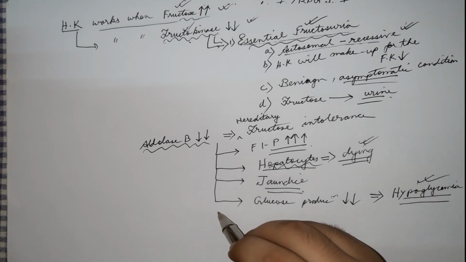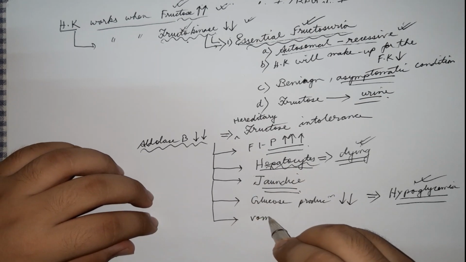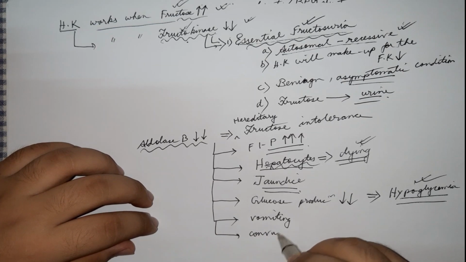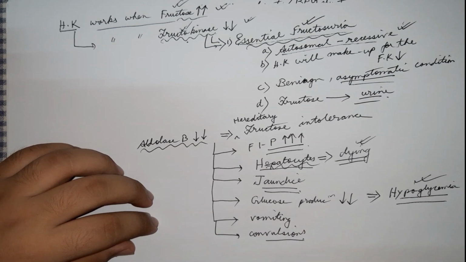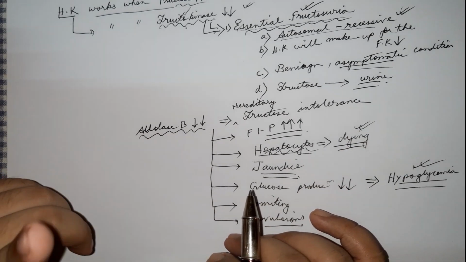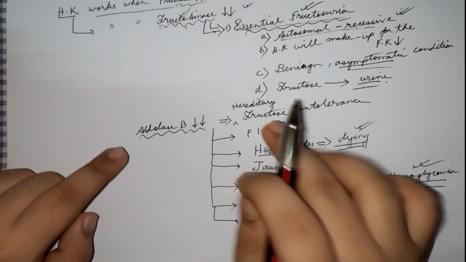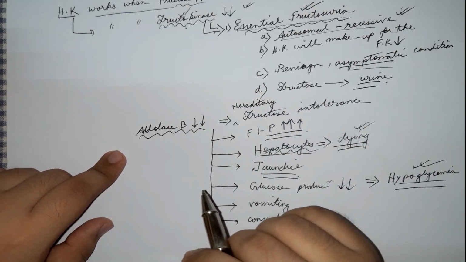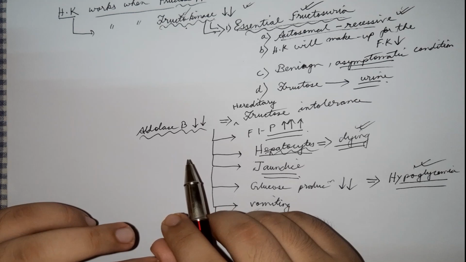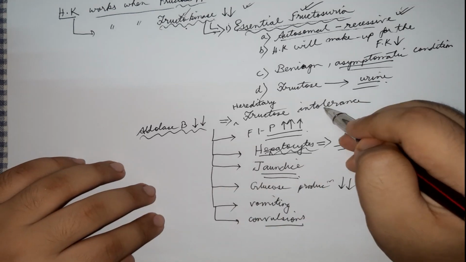And the other more physical symptoms would obviously be vomiting and convulsions. These are some of the other associated symptoms. However, there is another thing. First, just like the fructokinase deficiency, aldolase B deficiency is also an autosomal recessive condition.